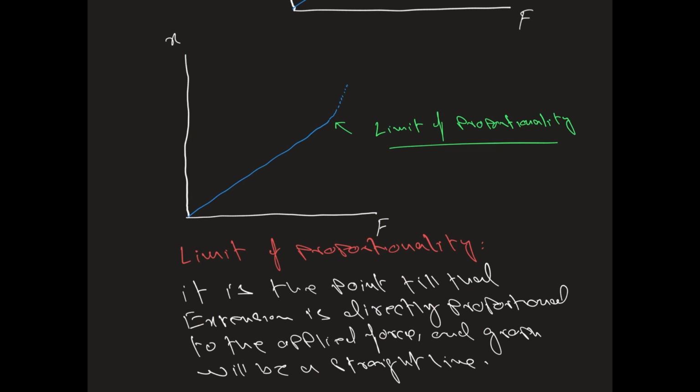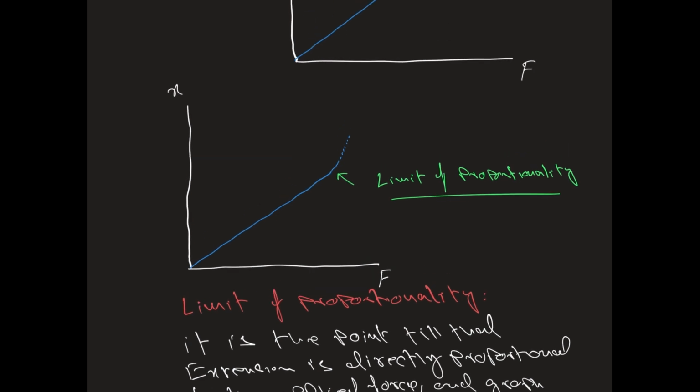Now one more point you have to remember, that whenever the limit of proportionality is exceeded, in most of the cases the extension will be more than the usual. So that is why the graph bends towards the extension. Like in this case, you can see the graph is bending towards the extension. Extension is on y-axis.